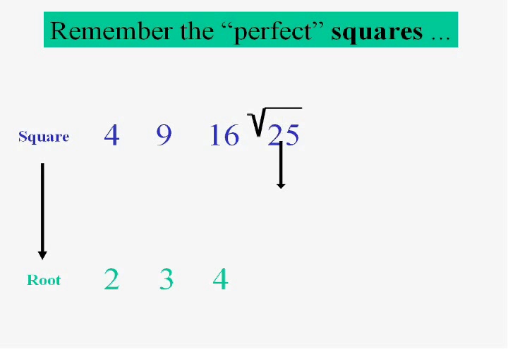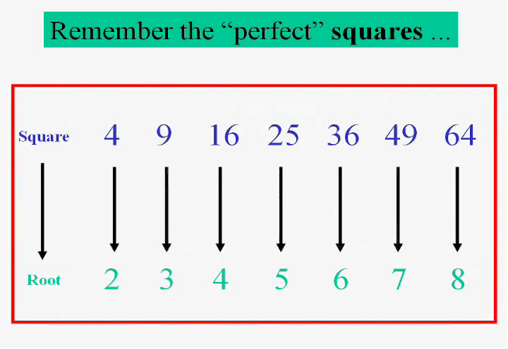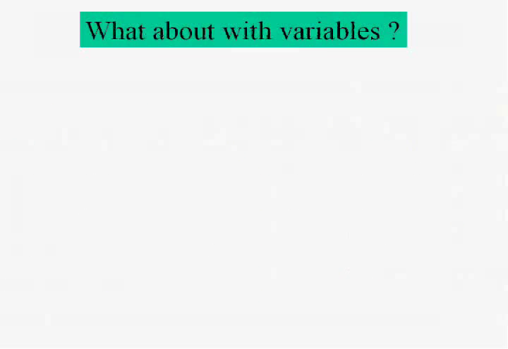The square root of 25 comes out to 5. The square root of 36 is 6. The square root of 49 is 7. The square root of 64 is 8. These are some of the perfect squares. And you will be using them when you simplify radicals.